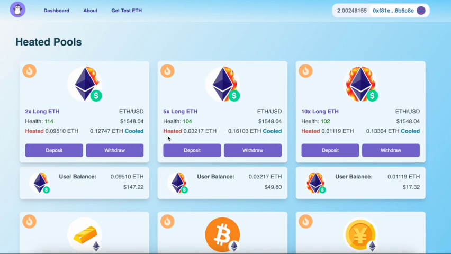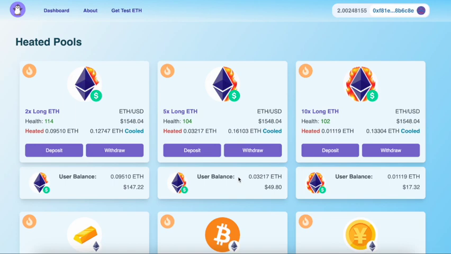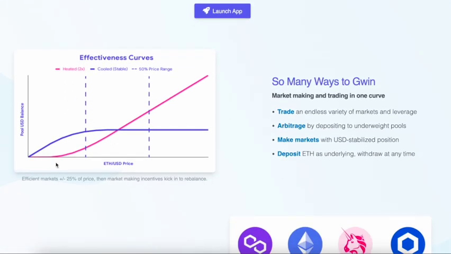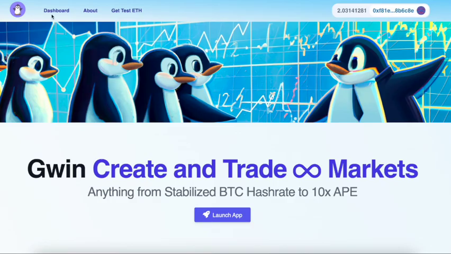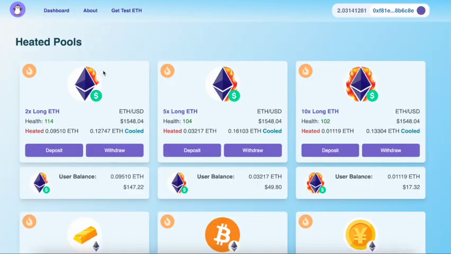We can withdraw from any of these. In fact, I could empty out every single one of these pools and there would be nothing to it. If I took out vast amounts of money from this, all it would do is create a very, very nice risk arbitrage opportunity for someone else. The health of the pools that still had some funds left in them would become extremely attractive.